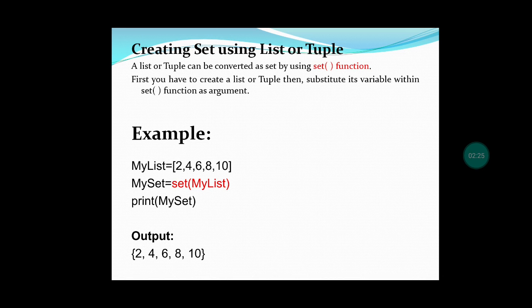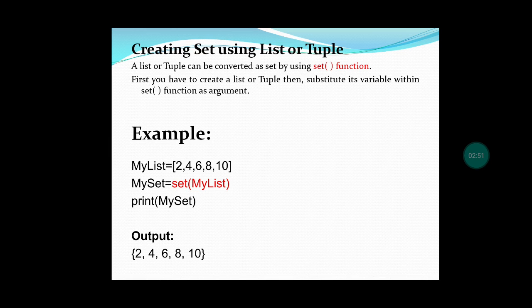Next, we can create the set using a list and tuples also. Here, we have given a list and a tuple. A list should be enclosed with square brackets, a tuple with parentheses. These can be converted to sets by using the set function. Let us see the example.